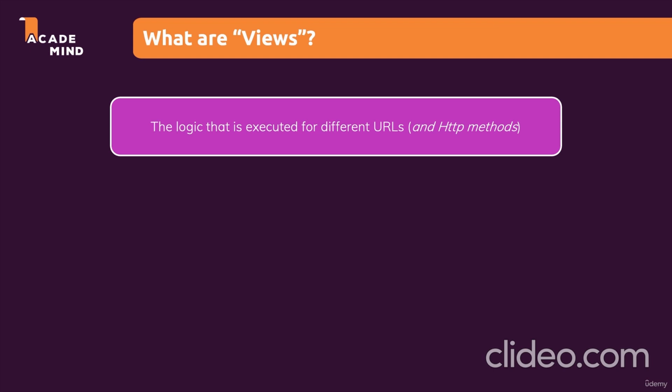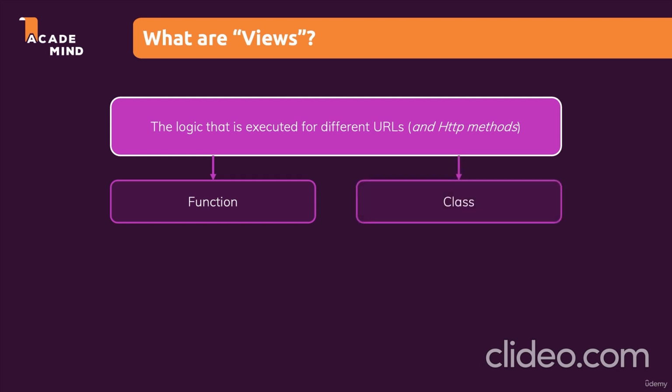A view in a Django project, in its simplest form, is just a function full of Python code which is executed automatically by Django when a request for a certain URL reaches the Django server. It could also be a class. You have both options when working with Django, and we're going to see both options in action throughout this course.